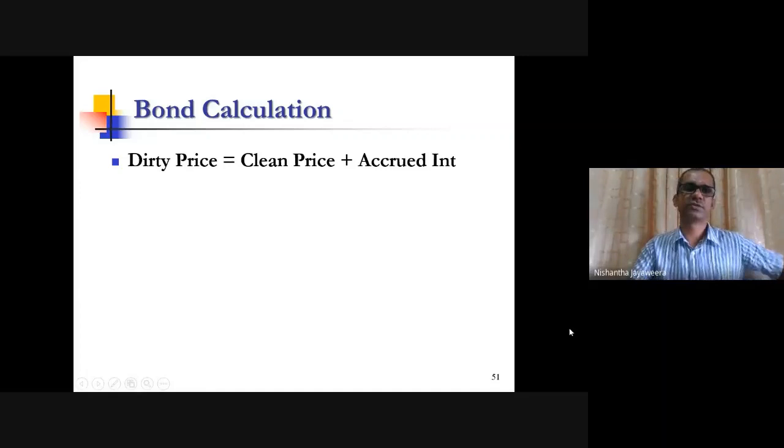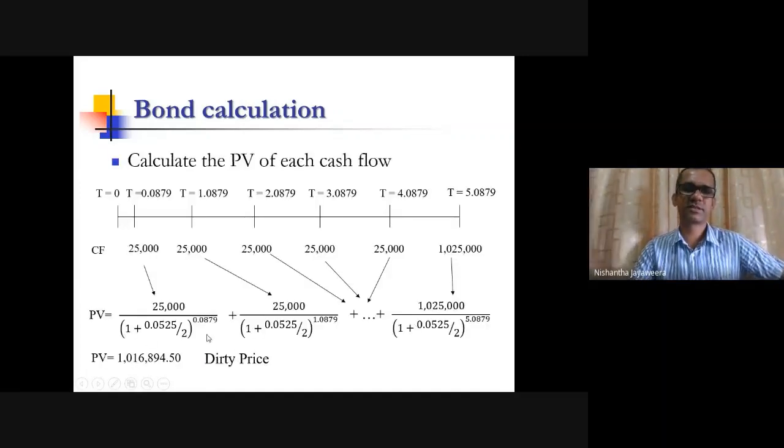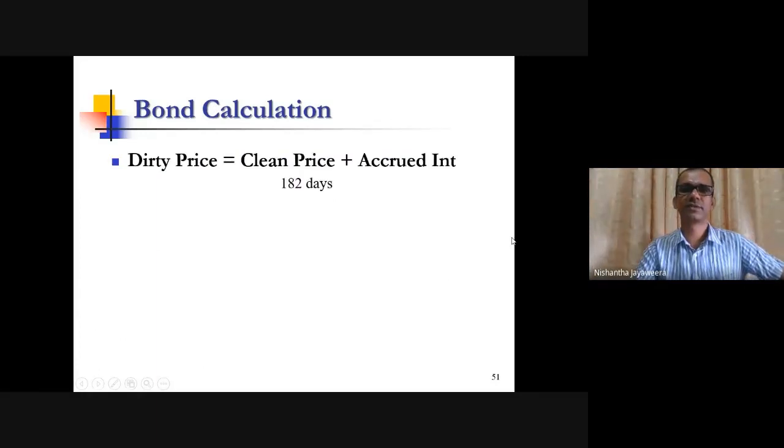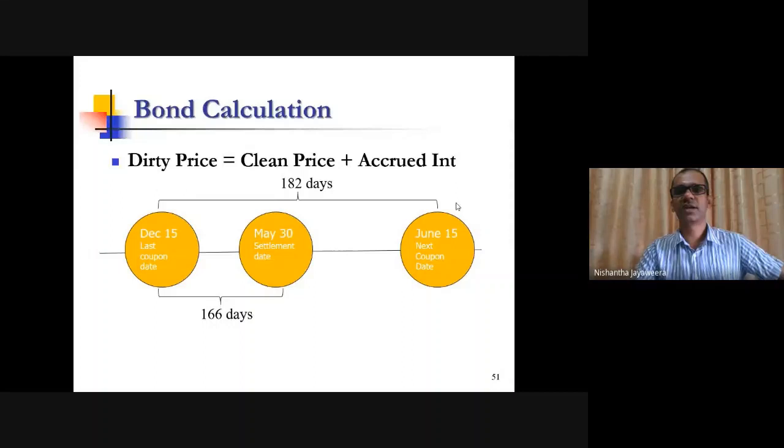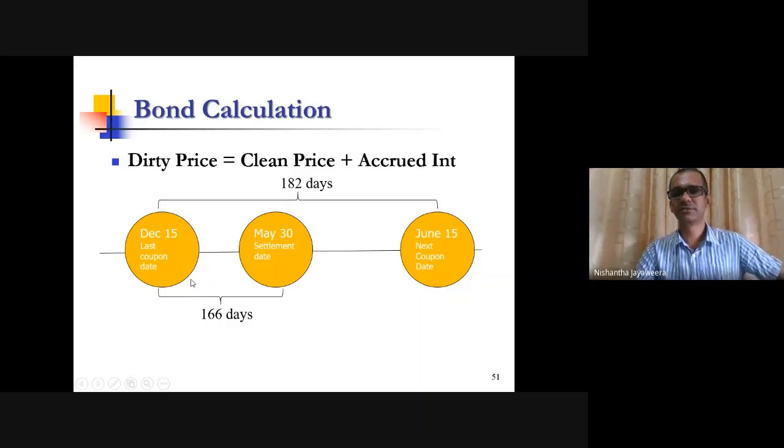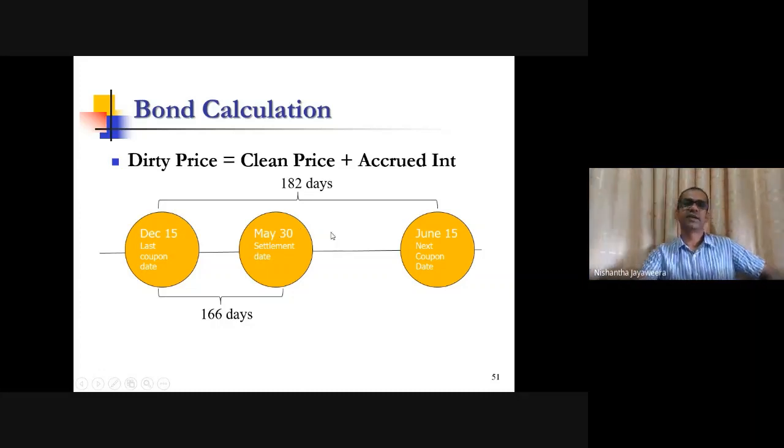Shall we move forward? So we got dirty price as I showed in Excel. To calculate the clean price, we have to calculate the accrued interest. So this is the 166 days that I got in Excel, the number of days between last coupon date to the settlement date. There are 182 days for this current coupon period.